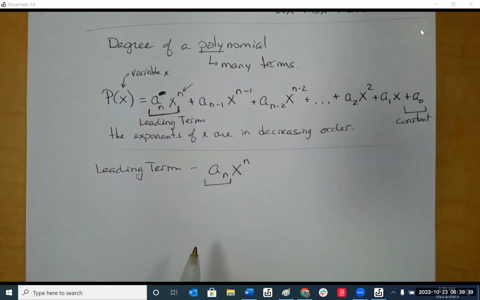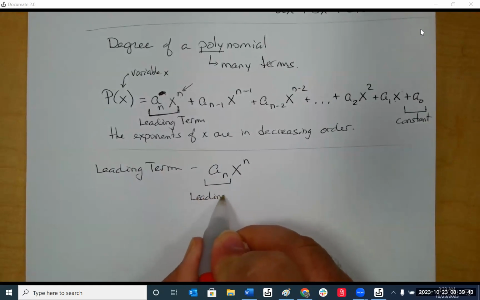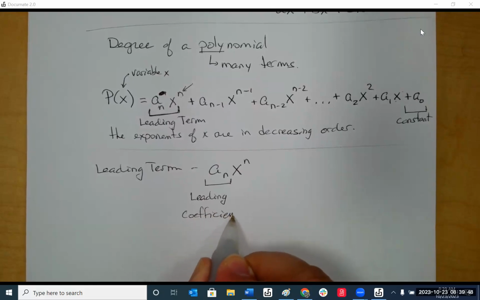This number here, the number in front of the x, is called the leading coefficient.